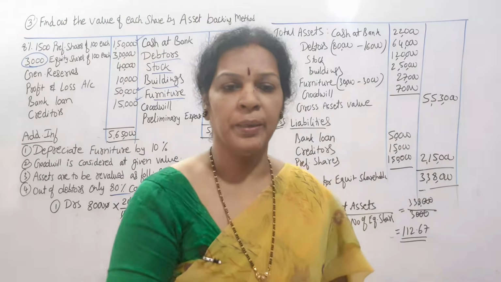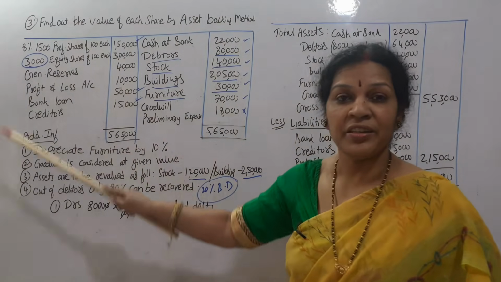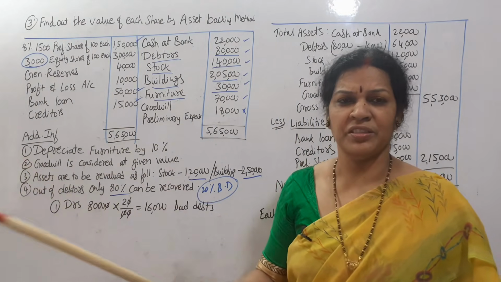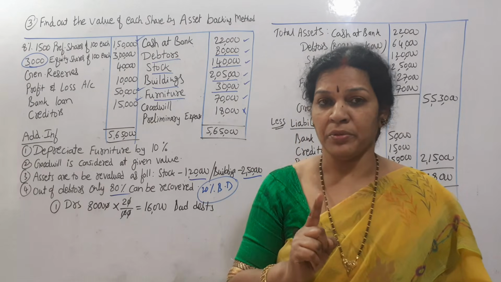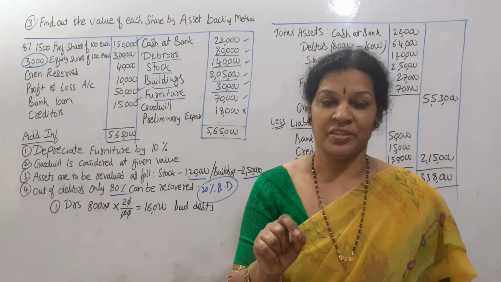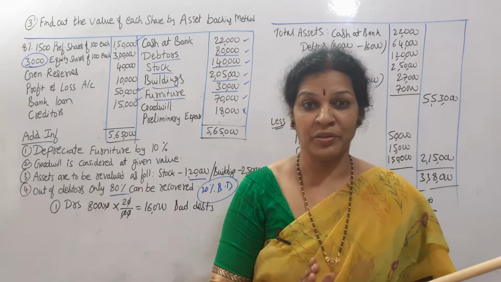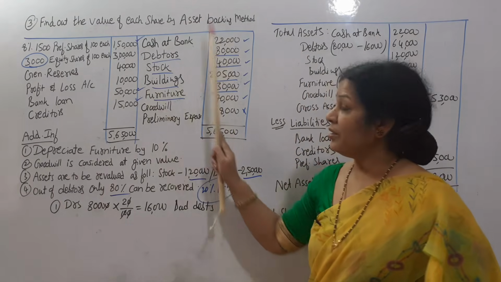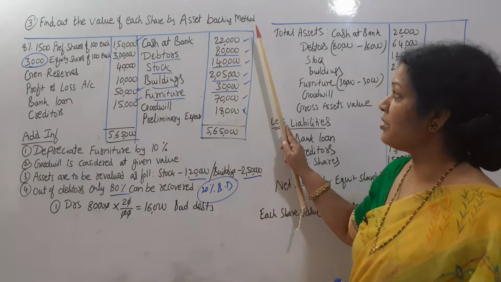Let me give you a recap. If you understand this balance sheet and adjustments, you can easily work it out. We know the formula: per share value is net assets divided by the total number of equity shares. So first we have to calculate the net assets. To calculate net assets, we have taken assets and also liabilities. What are the assets taken?